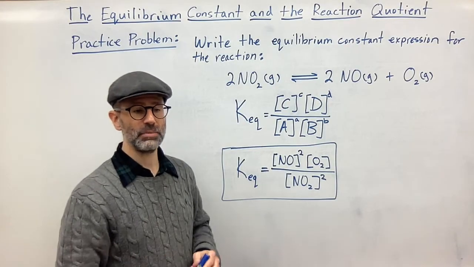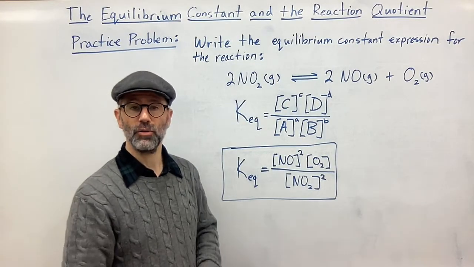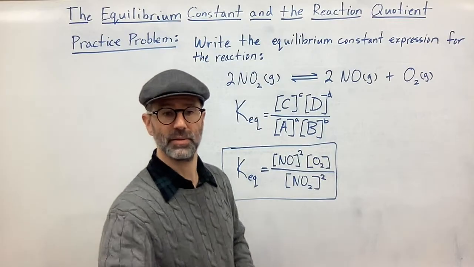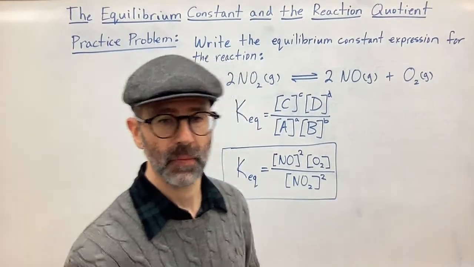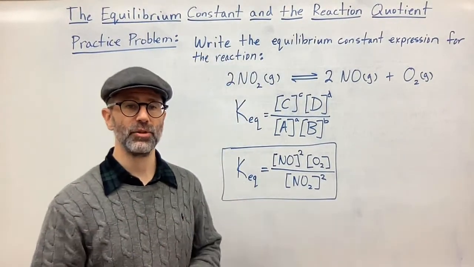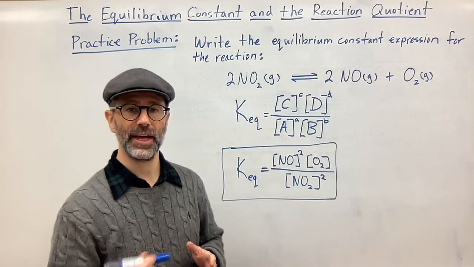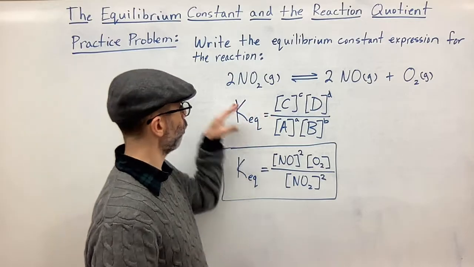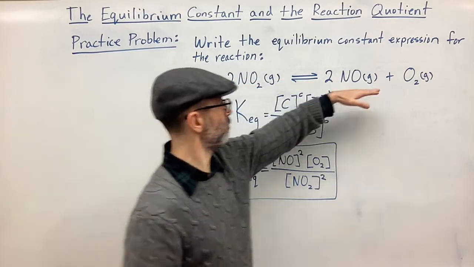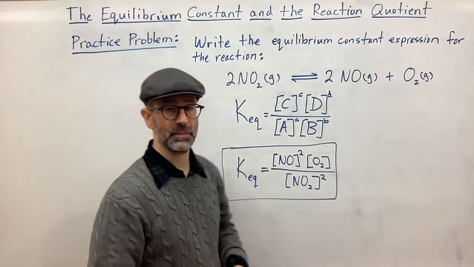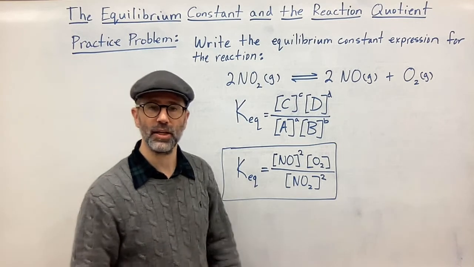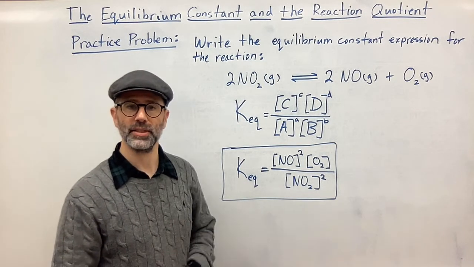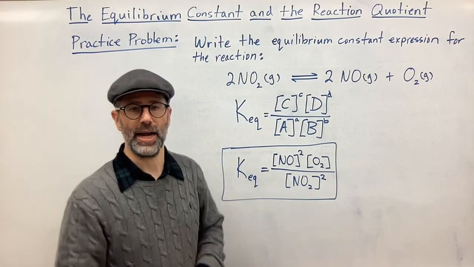So let's move on to our reaction quotient. But before we get to our reaction quotient, I have one more thing that I want to talk about. Now, we wrote the KEQ for the forward reaction because we have products over reactants. Well, what if they want the KEQ, or the equilibrium constant, for the backwards reaction?